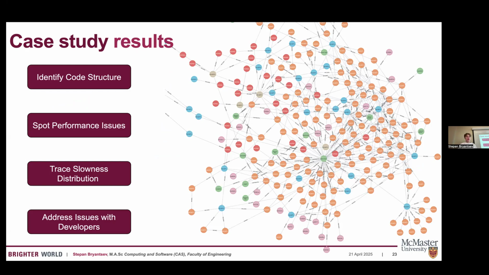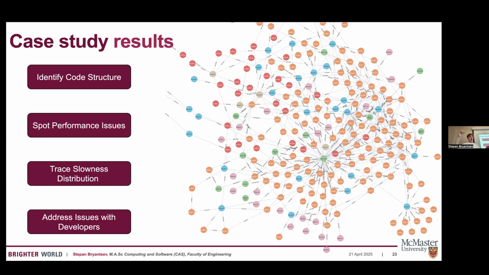So first, basically, we can identify the code structure of the data. Then we can spot some performance issues because our performance data is merged on top of the code structure. And then we can trace slowness distribution over the system.